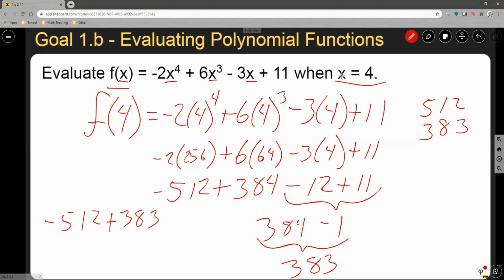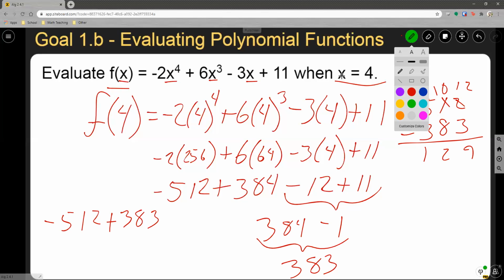Whenever you've got a positive and negative, just do a subtraction problem. Put the larger of the two numbers on top, subtract them. I get 129. And now all I have to do is just look back at my larger of my two numbers.